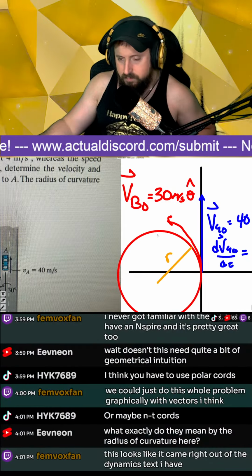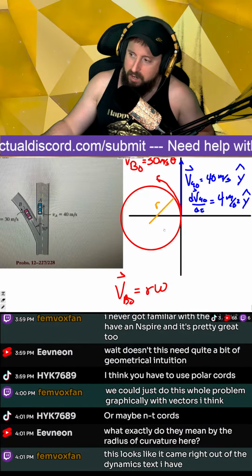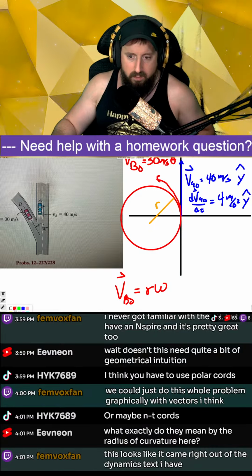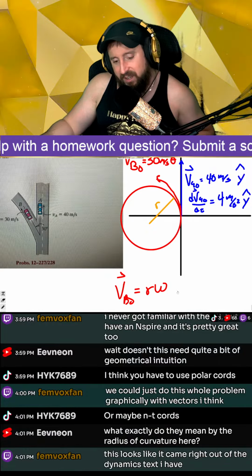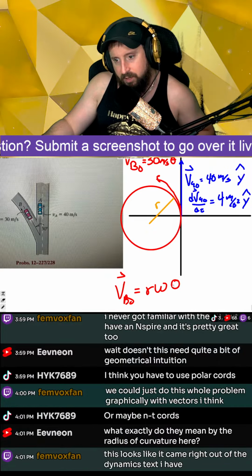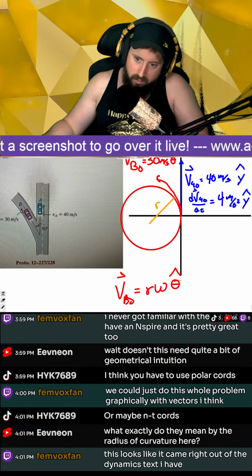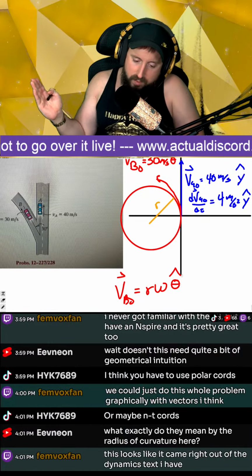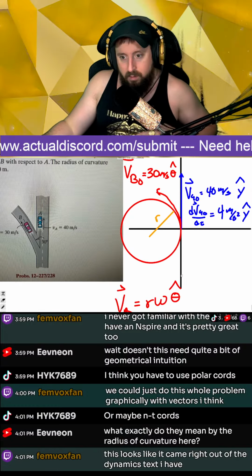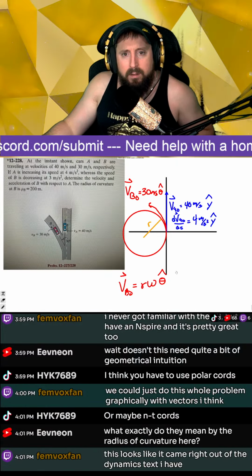This is r. So I know a couple things, right? I know that tangential speed v is always equal to r omega. And then I believe this is in the theta hat direction, right? Because it always points where the angle is going. I think this is right. Okay.